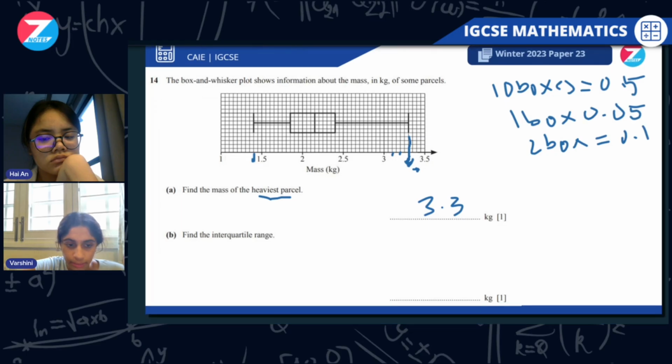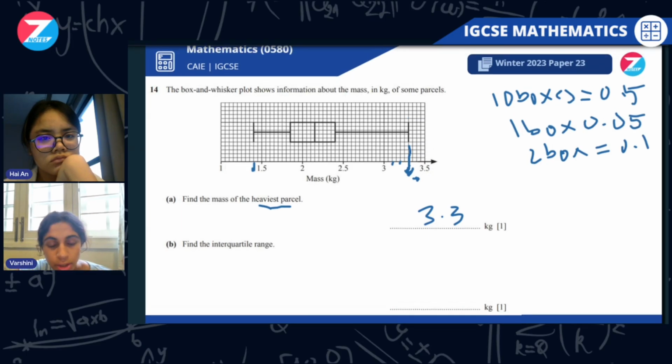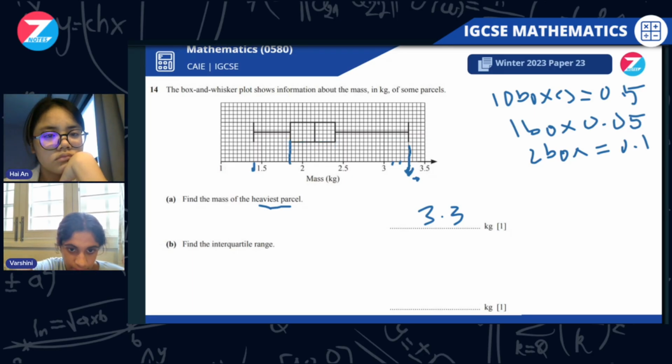Okay. Find the interquartile range. So we know that for a box and whisker plot, the interquartile range is just the box, the range inside this box. So now let's find that range. That's from this value to this value. First this value: if we count upwards from 1.5, 1.6, 1.7, 1.8, and 1.85.